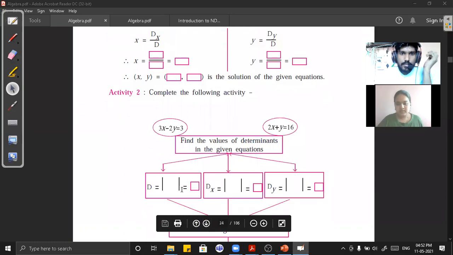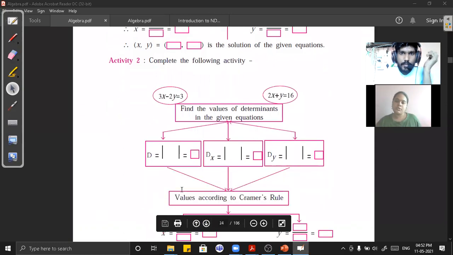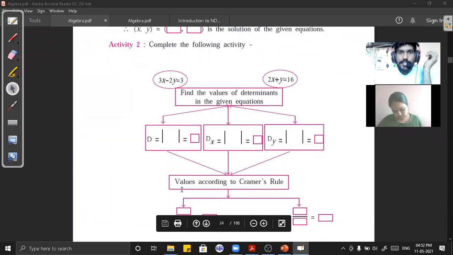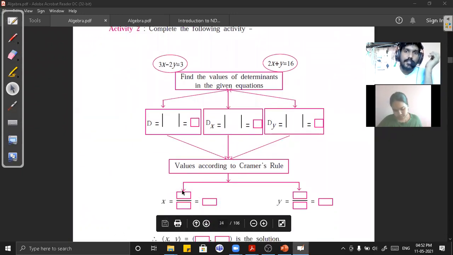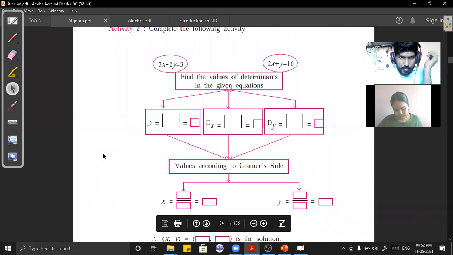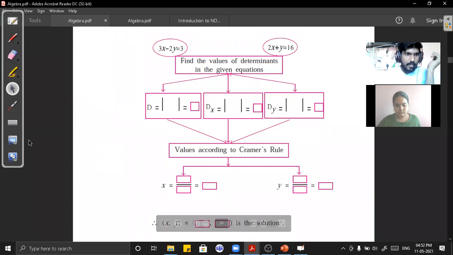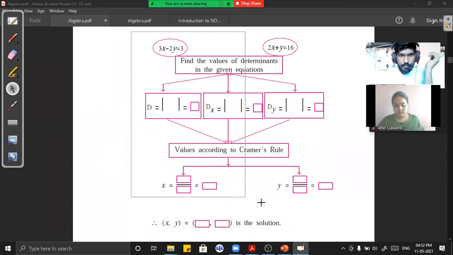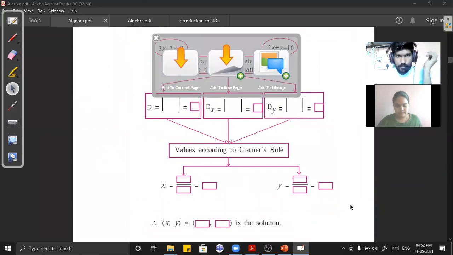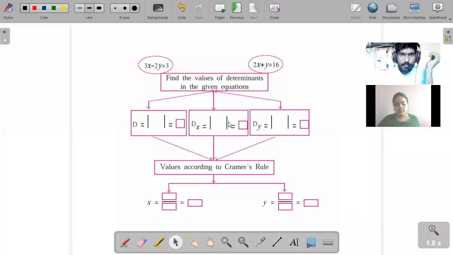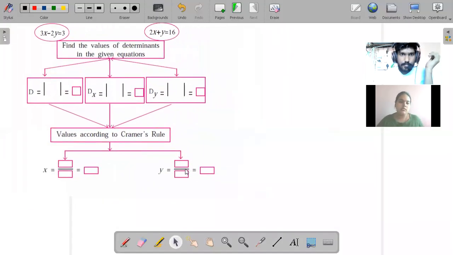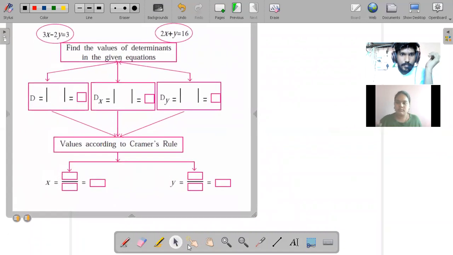The next activity. Okay, complete the following activity. Find the determinants in the given equation. I'll just copy this entire thing. 3, 2, 3, 16.